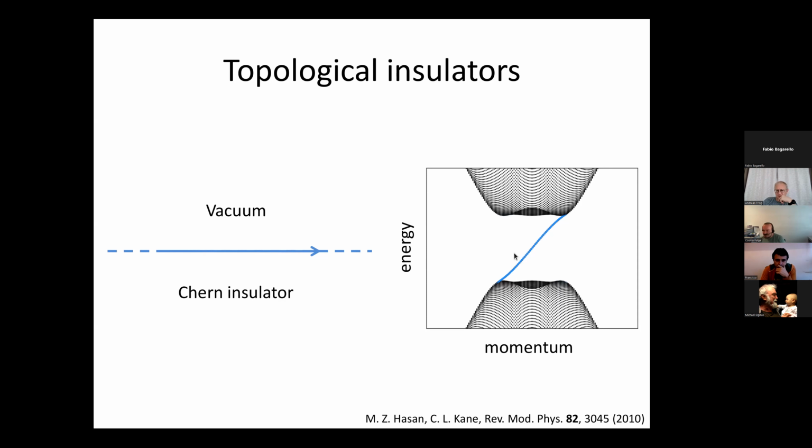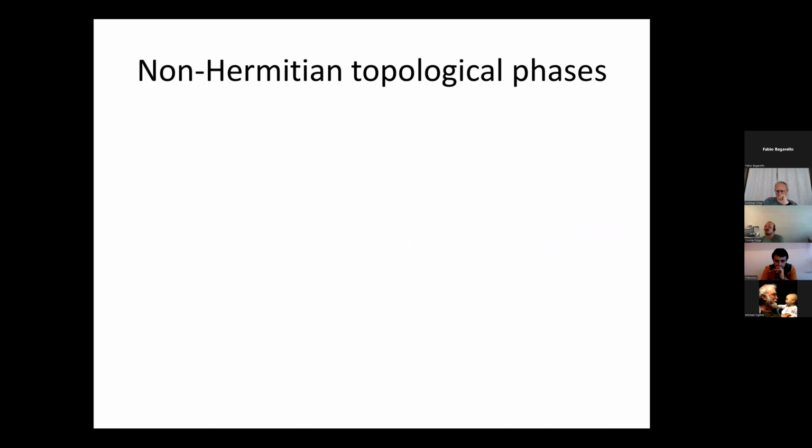This was the first observed topological phase in the 80s, the quantum Hall effect. Since then, many more kinds of topological phases have been developed and they are now better understood. More recently, some of the new types of topological phases that people have started looking into are so-called non-Hermitian topological phases.